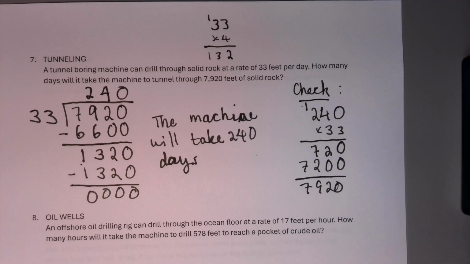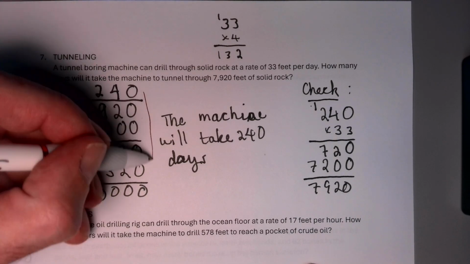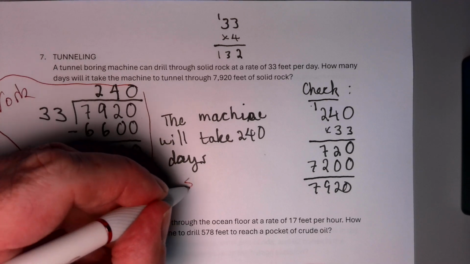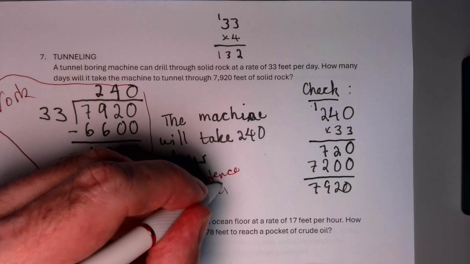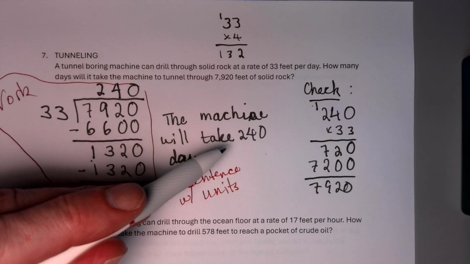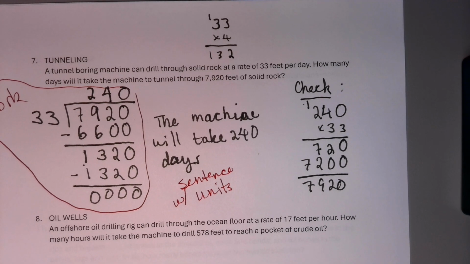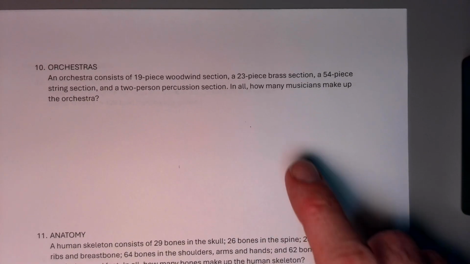We want to see work, in other words, how you got the result, and then a sentence with units for your answer. So the answer is not 240. It's 240 days. It's telling us how many days this will take. We've got a couple of other division problems there. I'll write those up and put them in the notes.